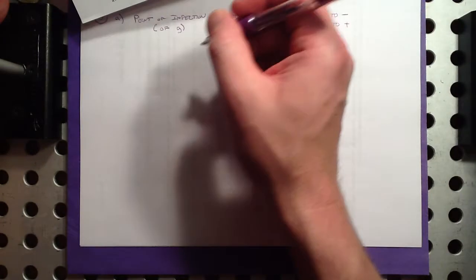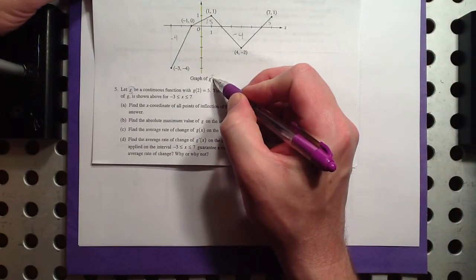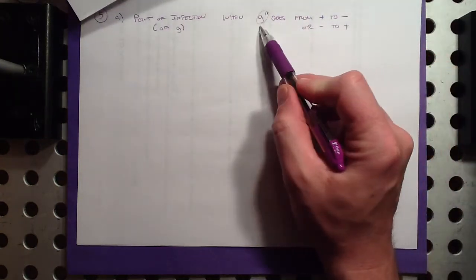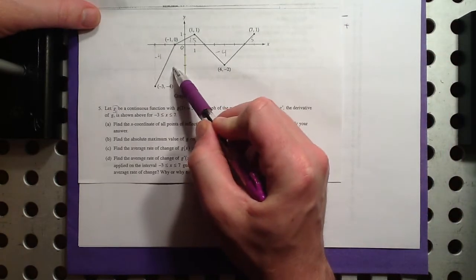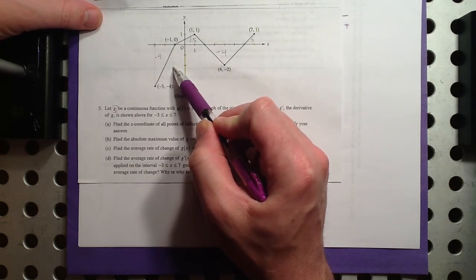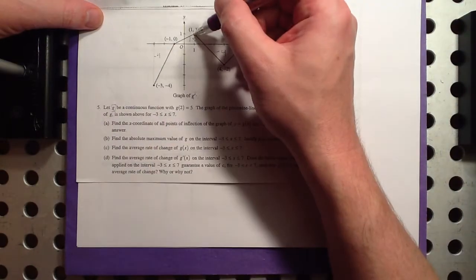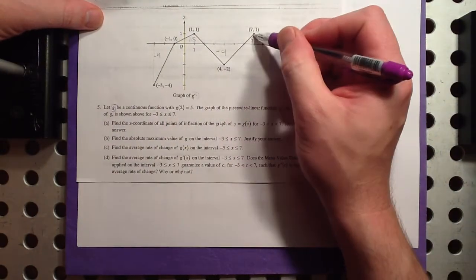So let's see. If we're given the graph of g prime, we want to know where g double prime, or in other words, the slope of this, goes from increasing to decreasing, or vice versa. Well, it says increasing, increasing, then decreasing, and then increasing.